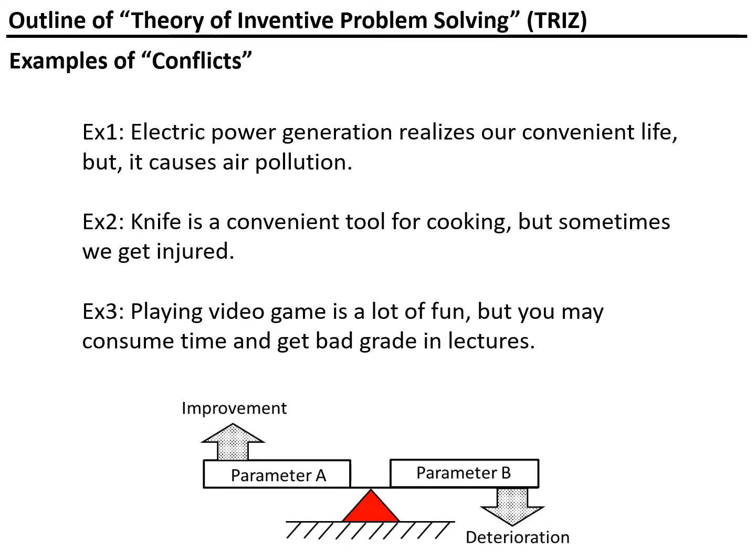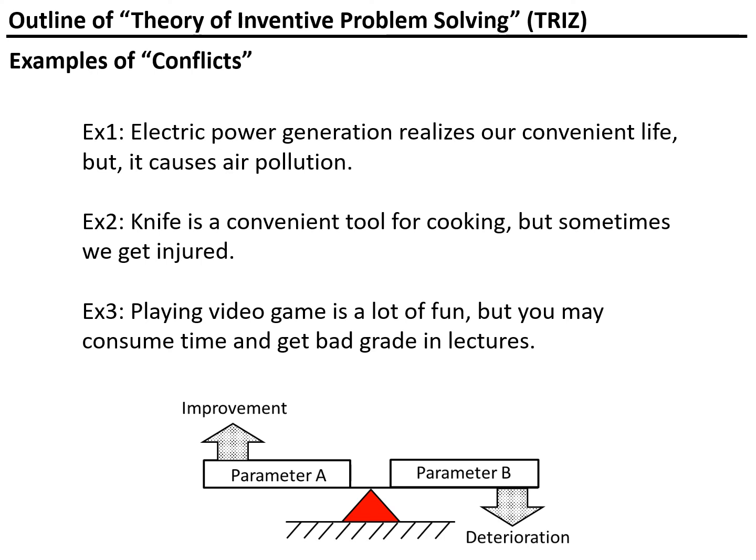And another more daily example could be this. Playing video games is a lot of fun, but you may consume time and get a bad grade in lectures. So probably tomorrow you may have an exam, but sometimes you may lose time by playing video games. You should know that you shouldn't do that if you want to get a good grade in the exam. But sometimes you do that.